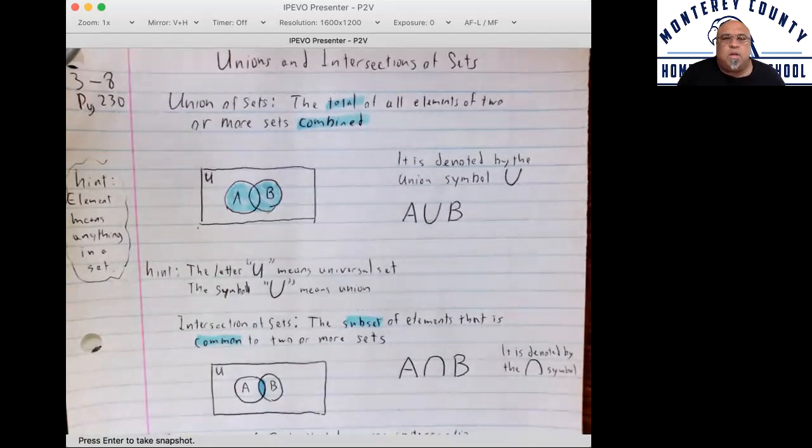But the idea is a set is just anything that's grouped together that, for whatever reason, is defined by its group. Items in a purse, items in a pocket, or whatever.